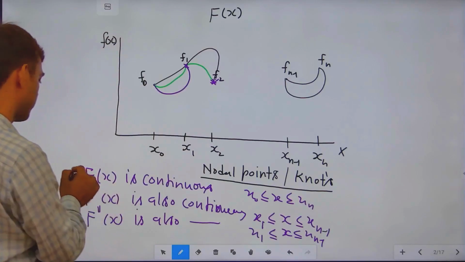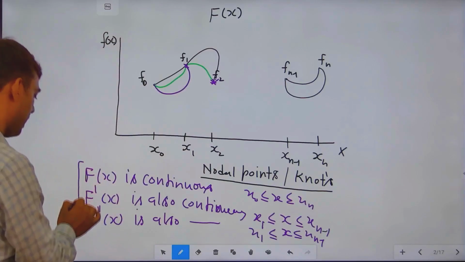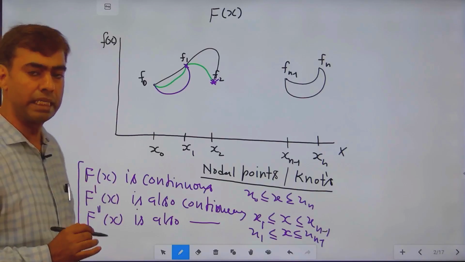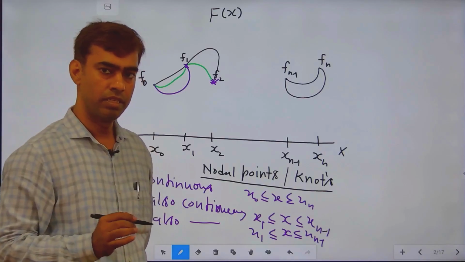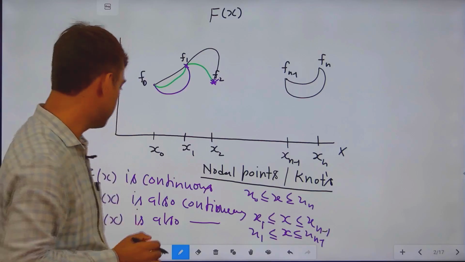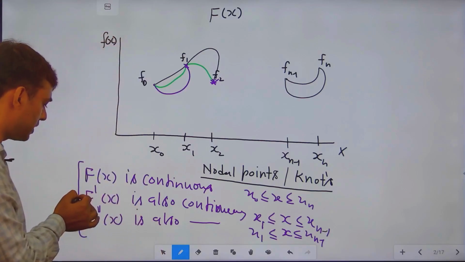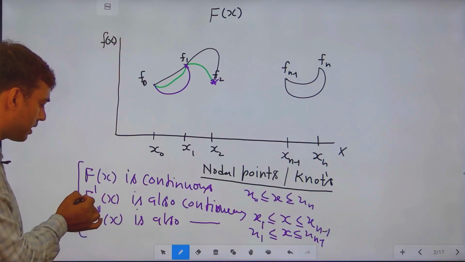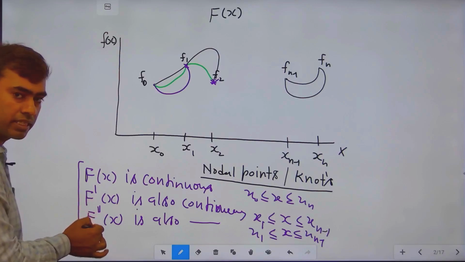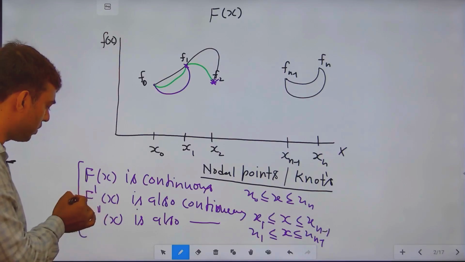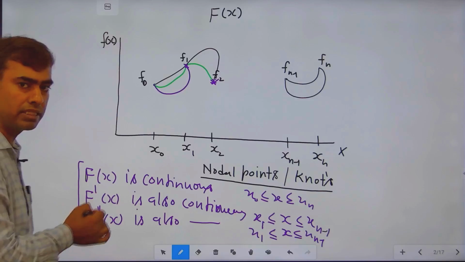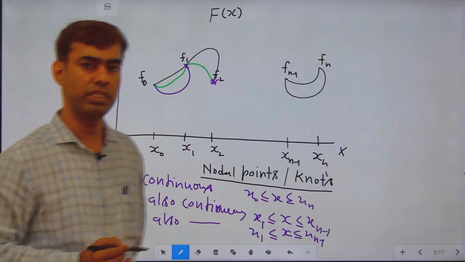So as the degree of the polynomial increases, the number of conditions also increases: f', f'', f''' means one condition, two conditions, three conditions.